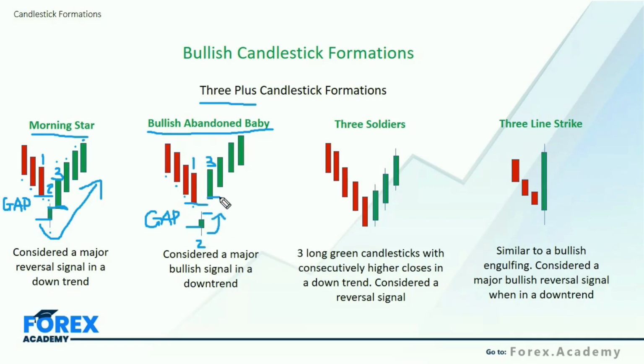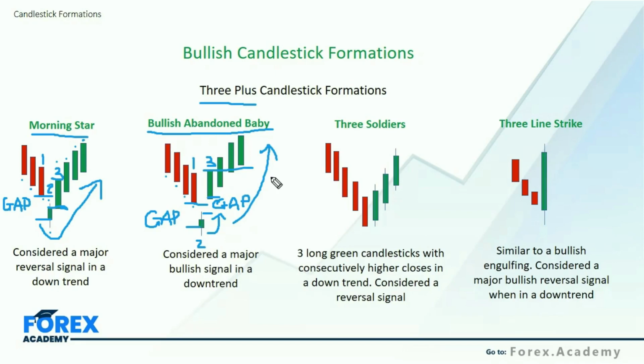So without confusing you too much, we get 2 gaps in this market, and this is very bullish indeed. If we get this kind of price action, so we're getting 2 gaps in this market, then we need to literally wait and see what happens to the third candlestick. And if the conditions are right, then you're very likely to experience a considerable reversal in this market. So it's considered a major bullish signal in a downtrend.